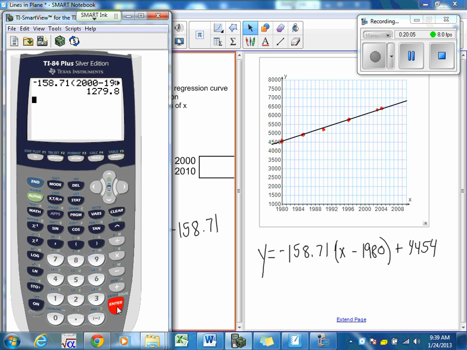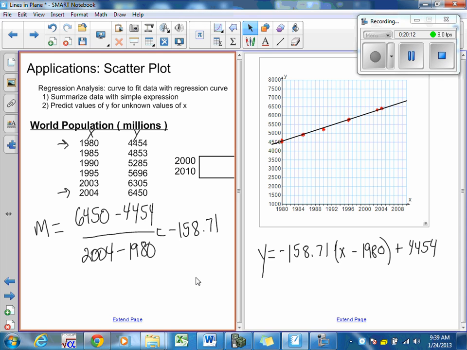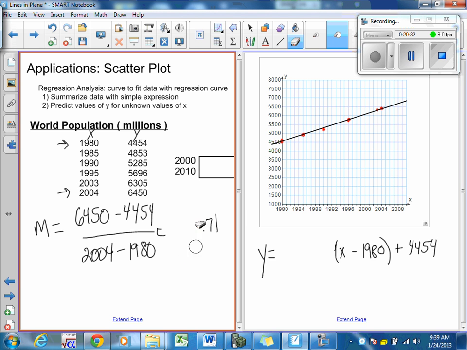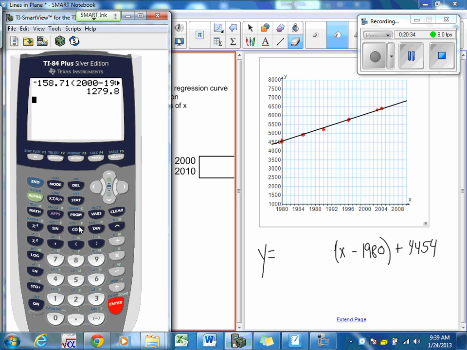And I didn't get the right answer. Wait a second. What's wrong? I just realized. I was not paying attention. Look at our slope. What's wrong with our slope? It's negative. So I must have typed something in the calculator wrong.